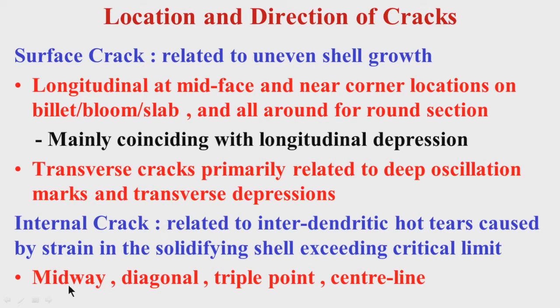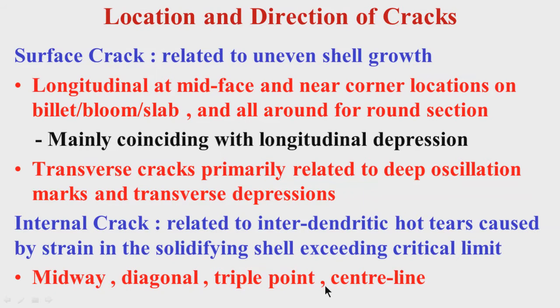If it is midway, in between the surface and the central region, it can be the diagonal areas, where two solidification fronts are matching. That interface between the two solidification fronts is a weak point, a weak joint, so there might be cracks.